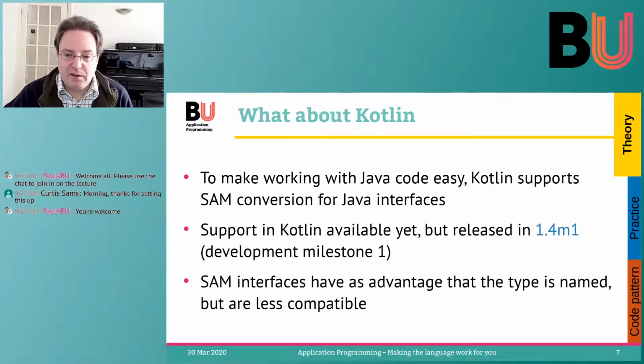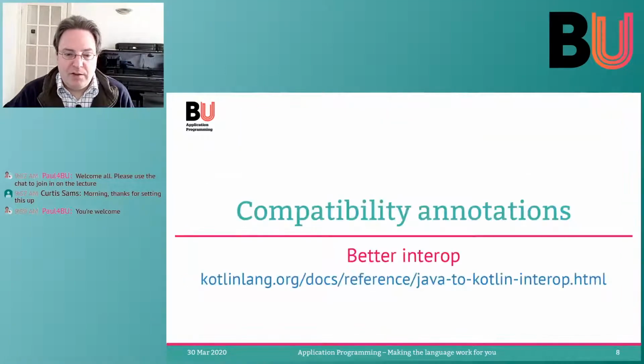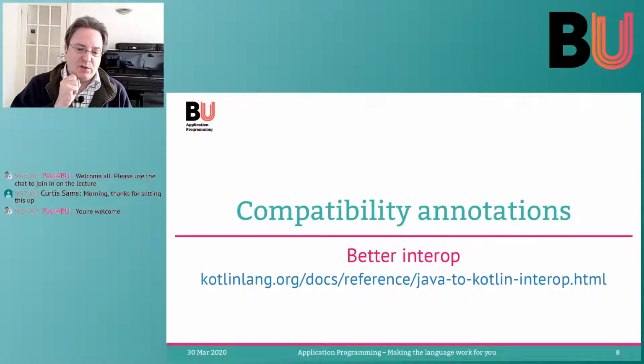Then there's a lot of annotations you can use for making it easier to use your Kotlin code from Java. Obviously in Android, if you're making an app, that's not so important because you can just determine everything. But if you're writing a library, that becomes much more important if you want to reuse this code either from Java or from Kotlin.